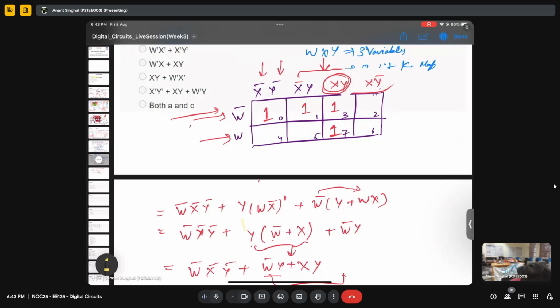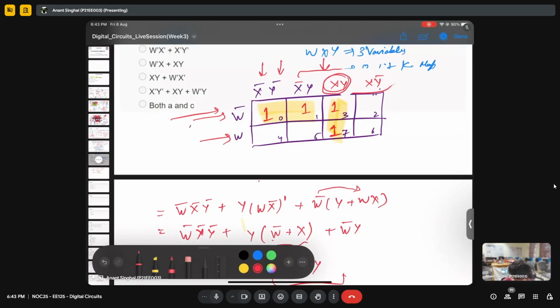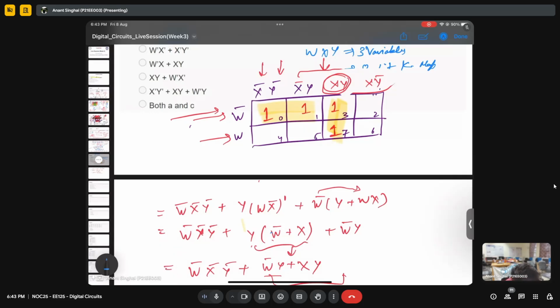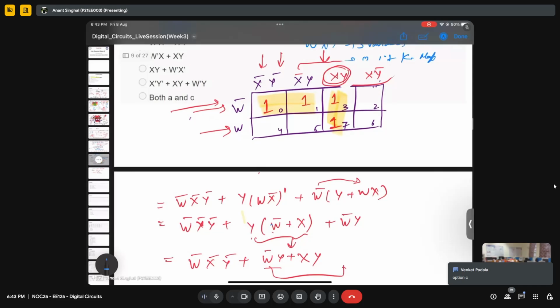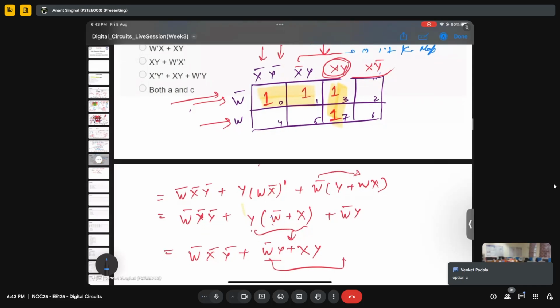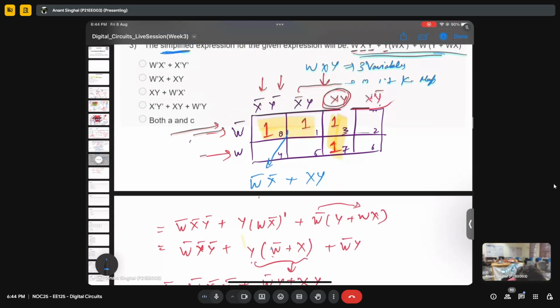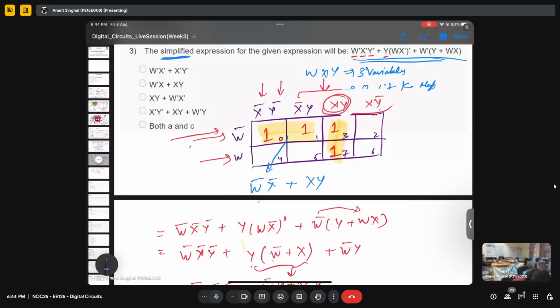What we can do is we can only make pairs, right? One pair we can make is this, the second pair is this. So the answer would be: one is this, which is W complement and then X complement. So the first gives me W complement X complement, and this is giving me X Y. Is there any option like that?